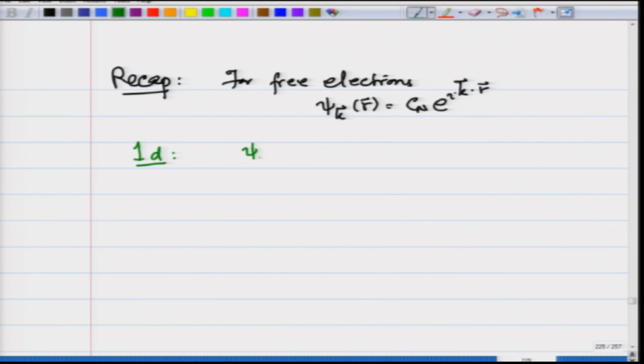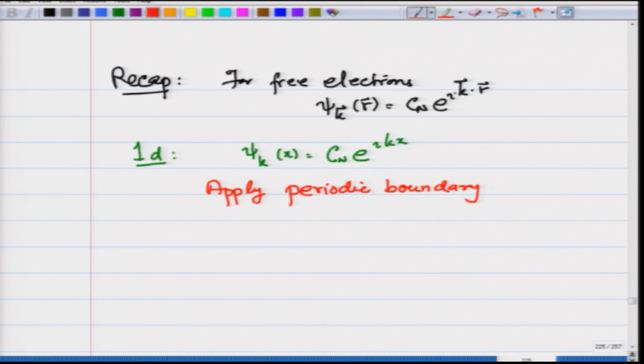So, the free electron wave function psi k x is e raised to I k x, and then you put a normalization constant C n in front. So, what did we do in this case to do all that questions that we raised in the previous slide is apply periodic boundary conditions.